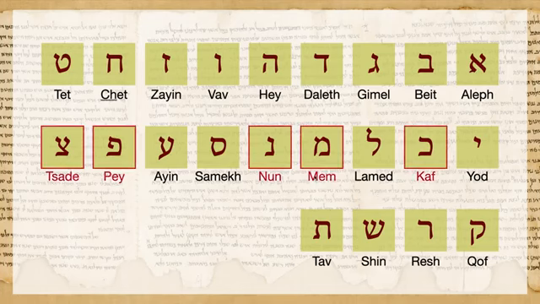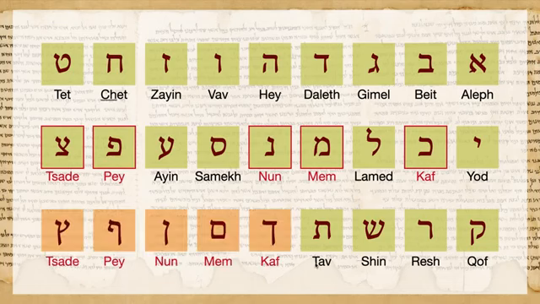Familiarize yourself. And these 5 letters that I have highlighted, Kaf, Mem, Nun, Pei, Tzadeh, have final forms, meaning in a word, if any of these letters were to occur at the end, you don't use these symbols. Instead, you use these, the red symbols here. They are called final forms or sofit. This is Kaf and this is Kaf Sofit. This is Mem and Mem Sofit.